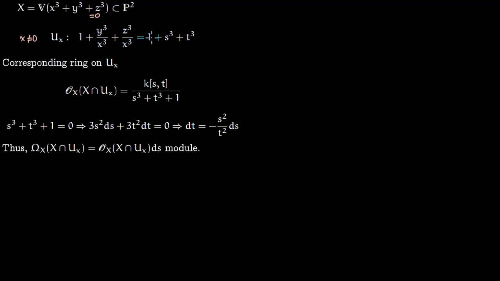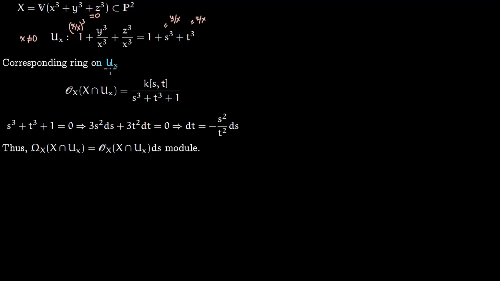So you divide throughout by x, so this 1 comes from x by x cubed, and then you have this, and you set s as y by x, and t as z by x. So you have s cubed and t cubed for y cubed by x cubed and z cubed by x cubed.